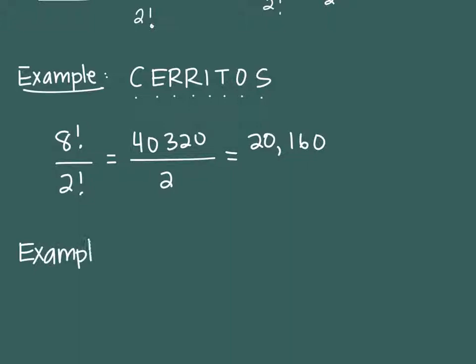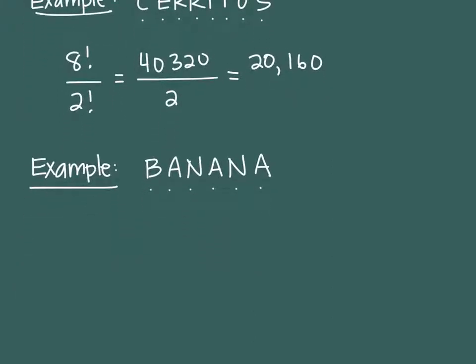The last one I wanted to look at is the word banana. 1, 2, 3, 4, 5, 6. All right, 6 different letters, but we've got several duplicates here. There are duplicate N's, so that would be a 2 factorial, and there are triplicate A's, so that would be a 3 factorial.